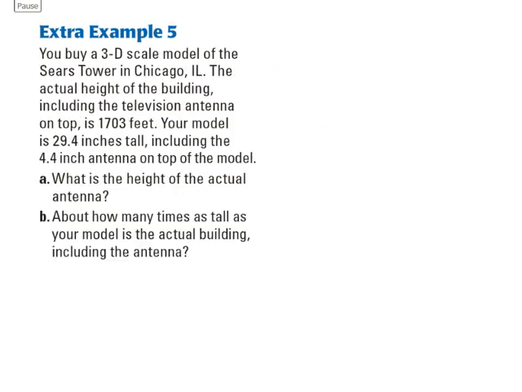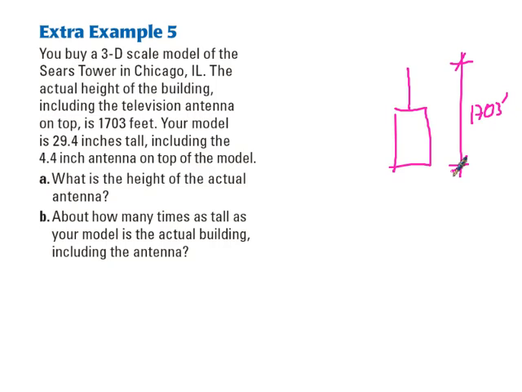So let's go ahead and read this. You buy a 3D scale model of the Sears Tower in Chicago. The actual height of the building includes the television antenna. So let's say we got some big tower and we got a big antenna in the middle there. Including the television antenna, our actual height here is 1,703 feet.